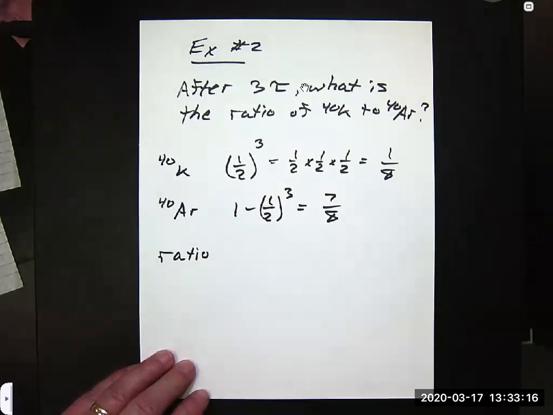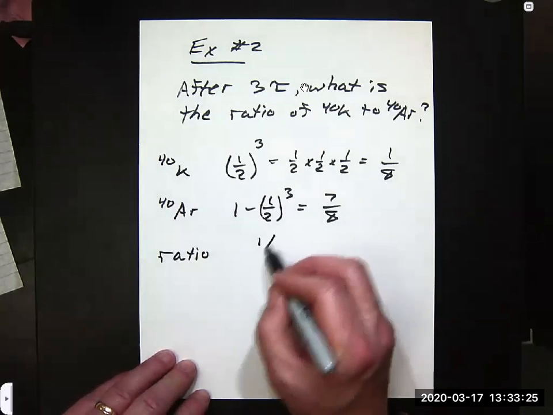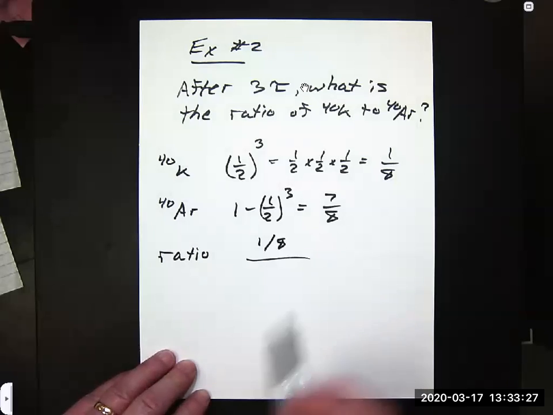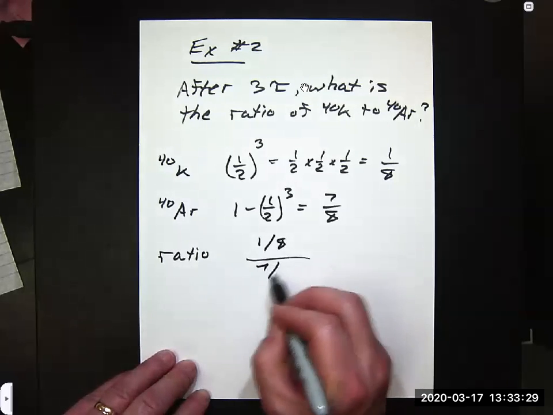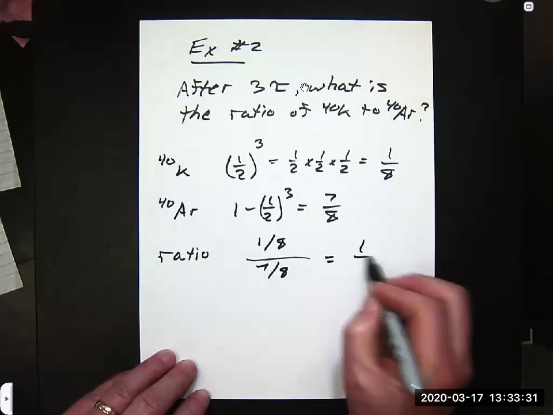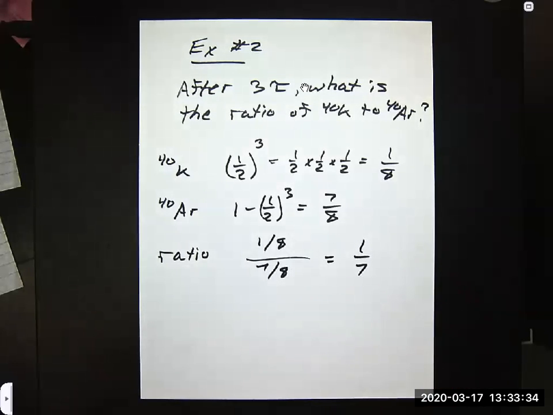So in this example, the potassium is on top, the argon is what we're putting in the denominator. So we have 1/8 is the potassium relative to the argon, which is 7/8, and that's 1/7. In other words, the amount of argon present in this sample is 7 times greater than the amount of potassium.